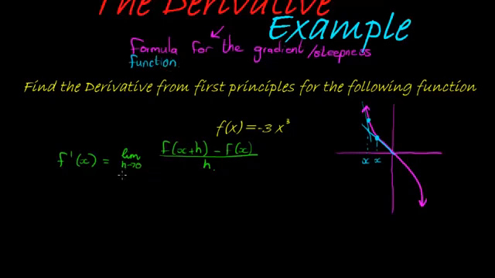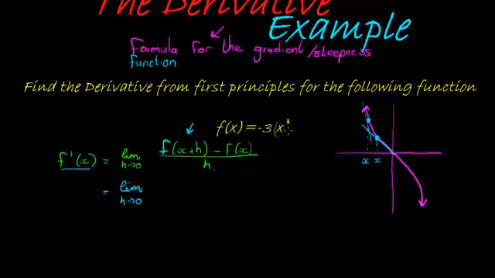And we find it by solving this without replacing x. We keep x just x, so that when we want to find the derivative at a point, in other words the instantaneous gradient at a certain point, we substitute into the derivative formula that we get. So I get the limit of h tending to 0 of f(x plus h). Now x plus h is the input, and what does f do to the input?